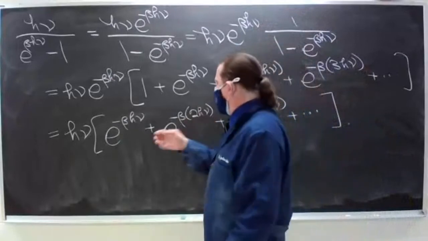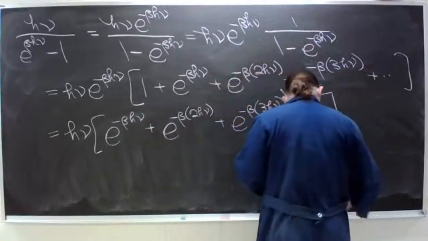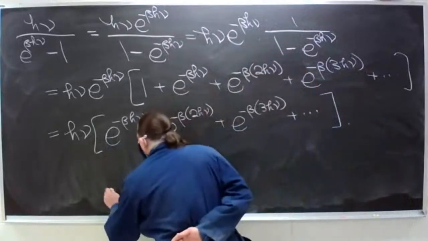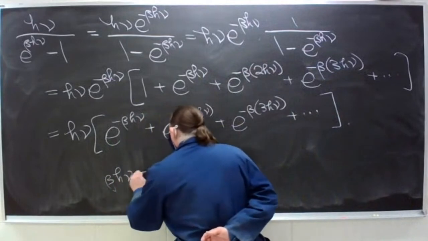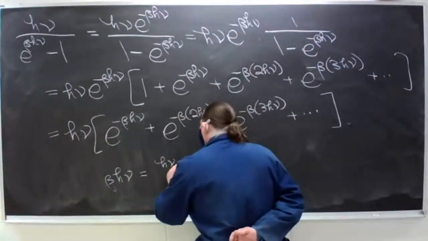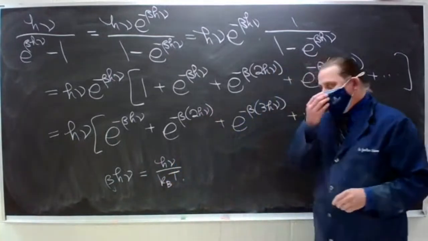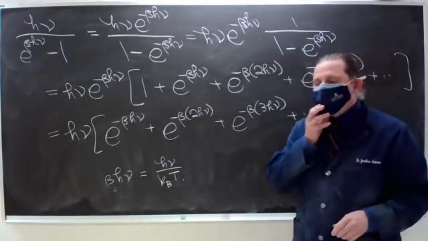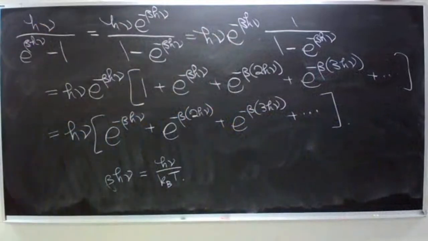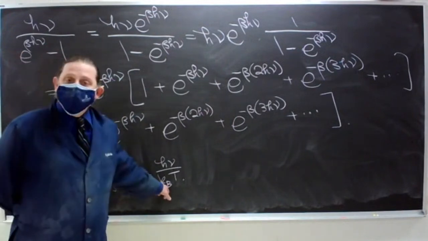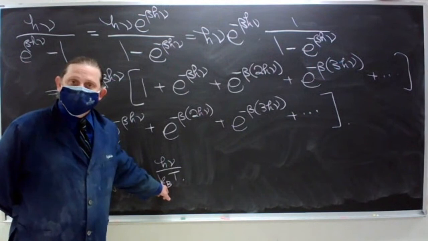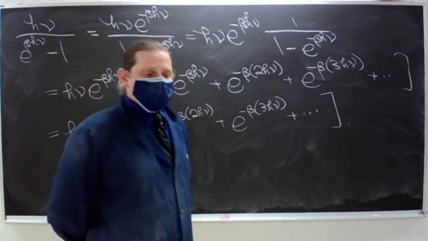Notice, of course, that as always, here this beta h nu is a ratio of two energies. It's asking what fraction of this ambient energy, k Boltzmann T, h nu represents.